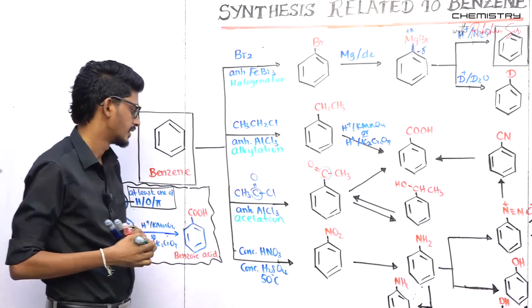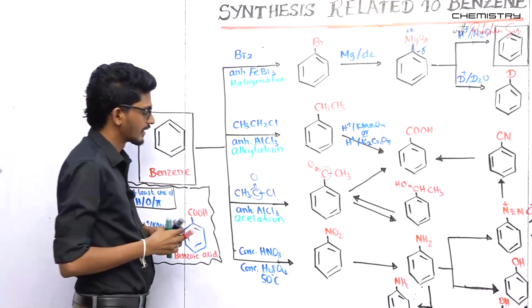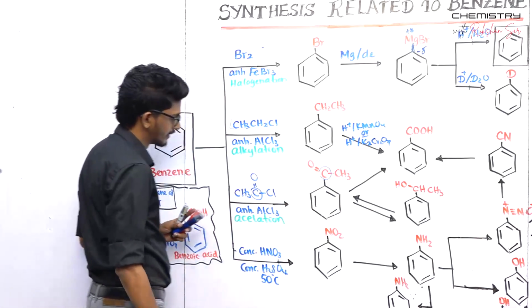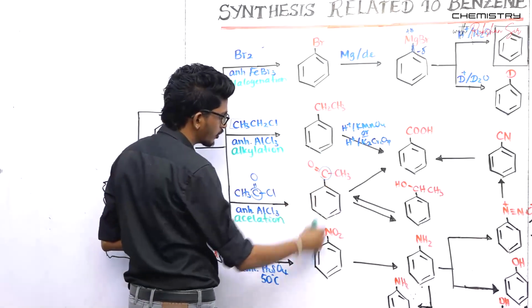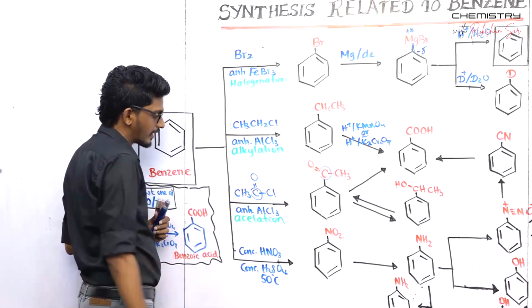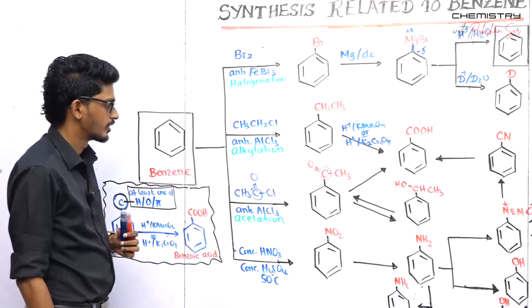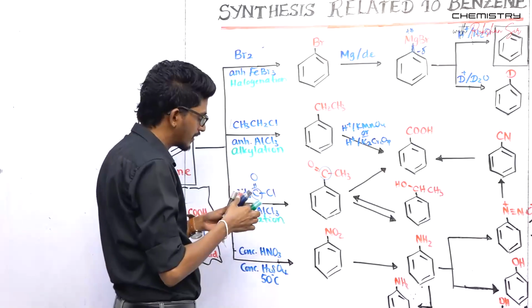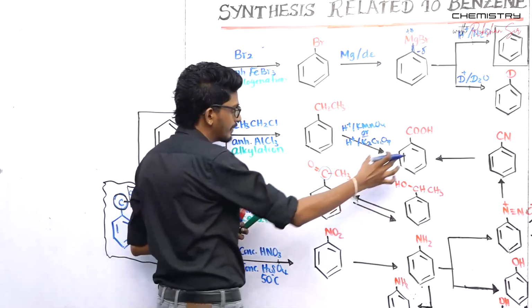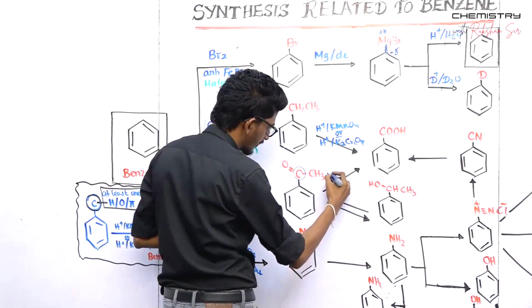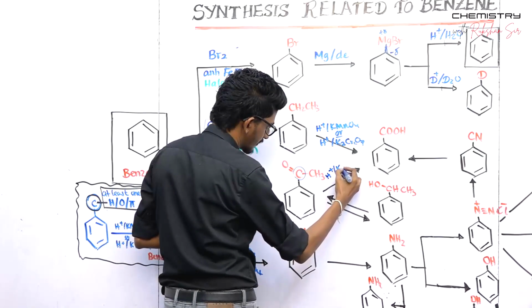Acylation, right? We are supposed to connect a ketone group to the benzene ring. The ketone group is connected by adding an acid chloride with the anhydrous AlCl3 catalyst. This ketone can also be converted to benzoic acid by adding H+ KMnO4 or H+ dichromate.